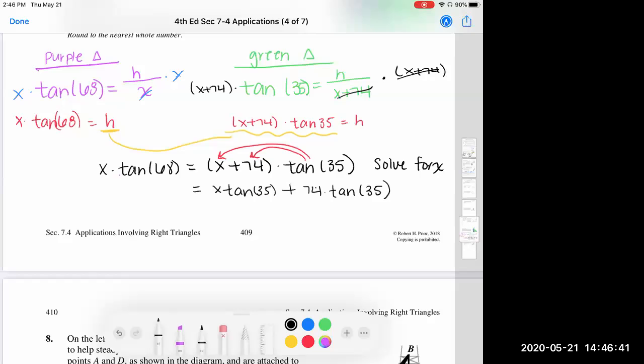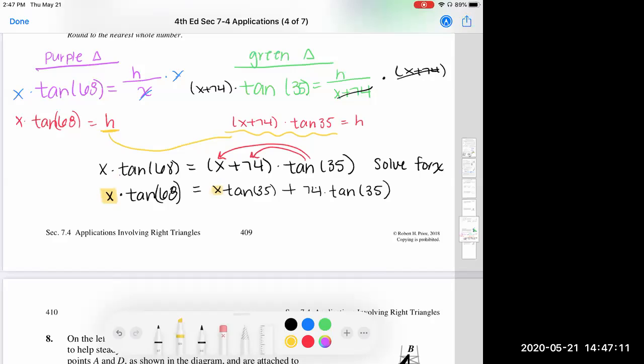And on the other side of the equal sign, I have X times tangent of 68. All right, our problem here, our dilemma, is that we have two X's. But these two X's are not something I can subtract because they're not like terms. I have tangent 68 and tangent 35.